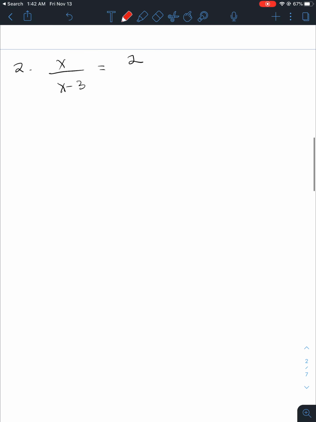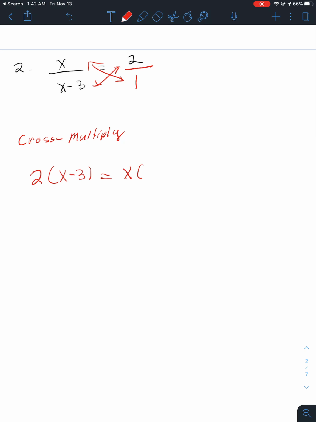So I'm going to go to problem 2, which is this one right here. So I can easily put this over 1, and I'm going to choose to cross multiply on this one because it's a fraction equal to a fraction. It's not anything crazy. So I'm going to do 2 times x minus 3 equals x times 1. And I hope you noticed that I said 2 times x minus 3, and I treated that as a whole term.